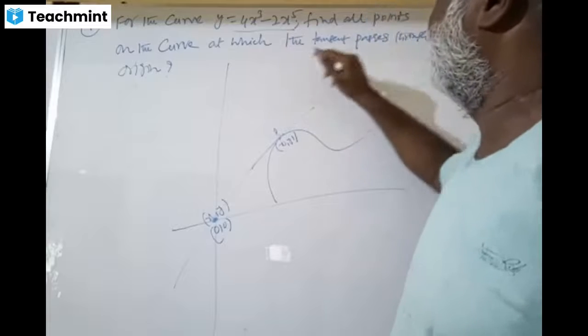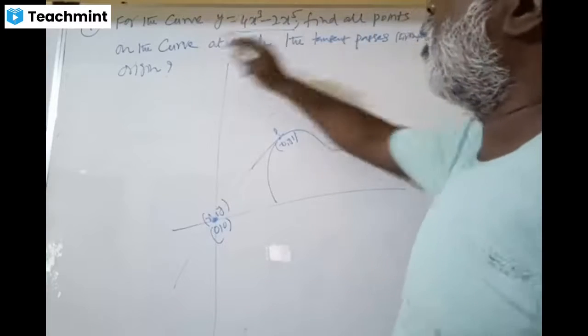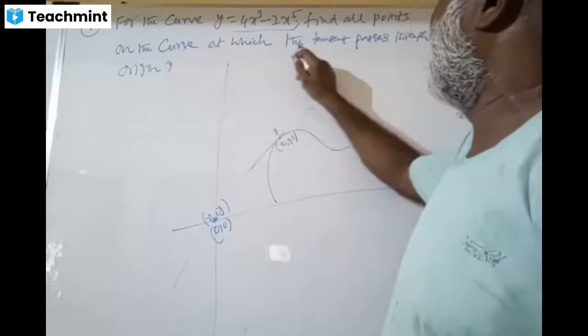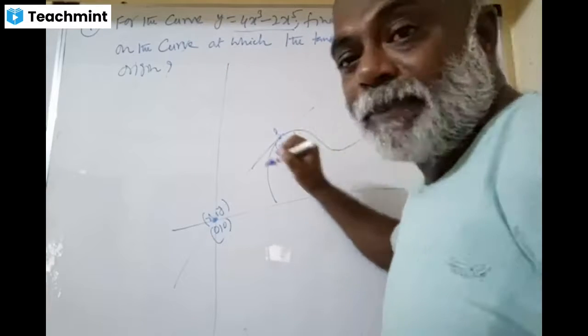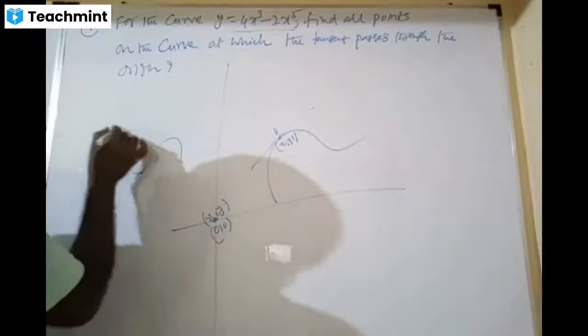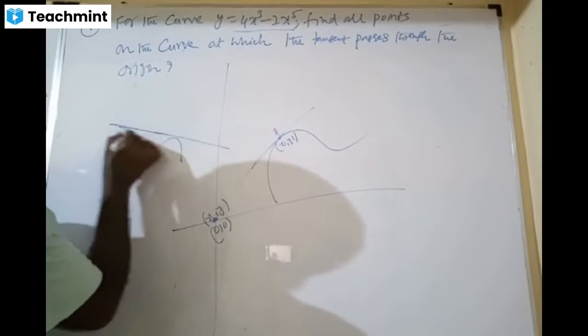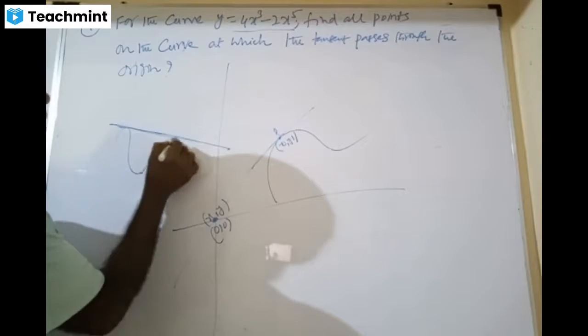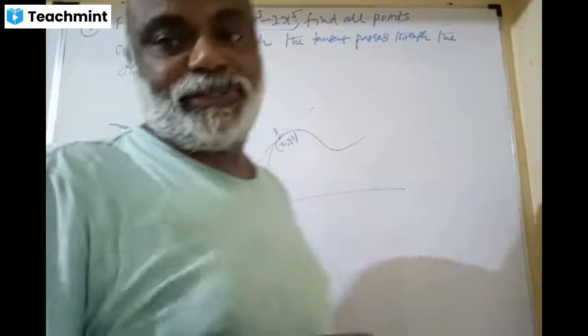The question says: for the curve, find all points on the curve at which the tangent passes through the origin.